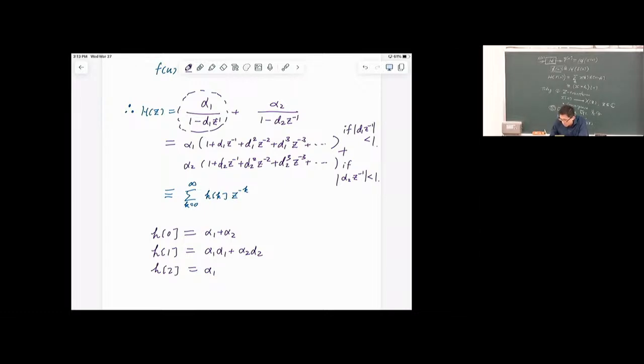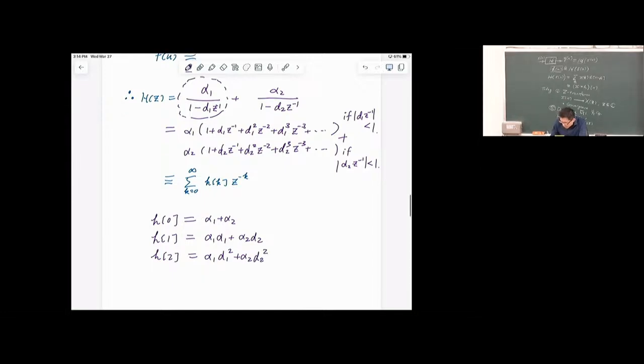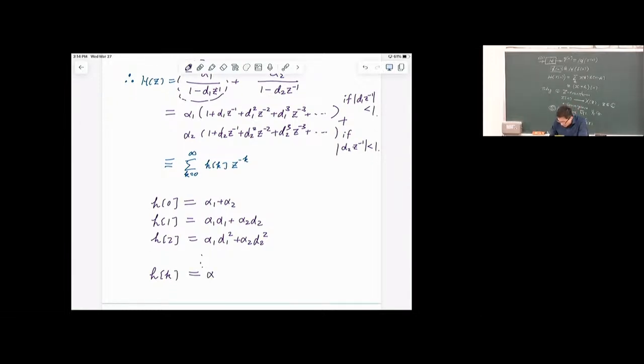The equality should hold for every term. Therefore, h2 is alpha 1 d1 squared plus alpha 2 d2 squared, and so on. So for every k, h of k should have this general expression: alpha 1 d1 to the kth power plus alpha 2 d2 to the kth power.